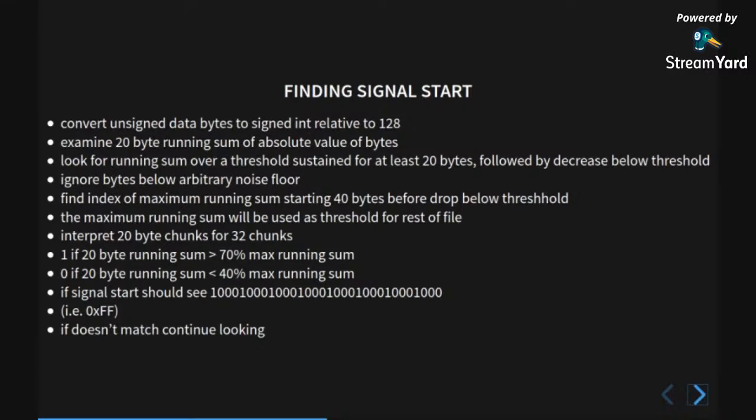If there's a section where the running sum stays over that threshold for at least 20 bytes, and then things go under that threshold, then that's possibly the start of the signal.